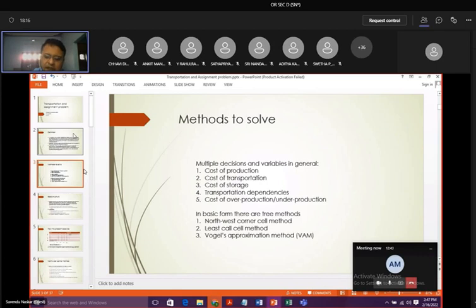However, for classroom exercises, we will try to reduce this complexity space and start with a very basic model and very feasible solutions. The other thing is the transportation dependencies that I was just mentioning. It may so happen that your truck can only transport a certain bulk amount.